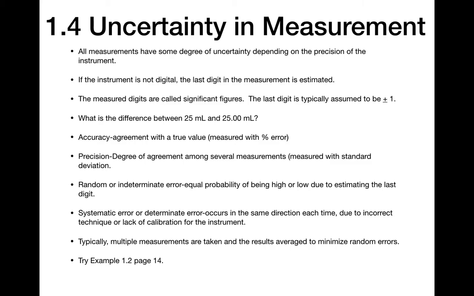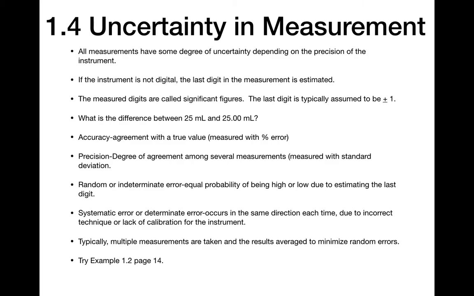There's actually a statistical calculation called standard deviation that we use to measure the degree of precision. So how well were you able to repeat your results? If results are not repeatable, then you can't really trust them very well.